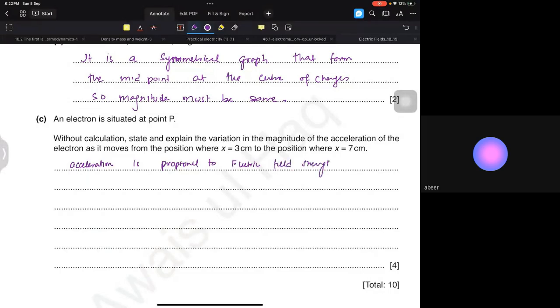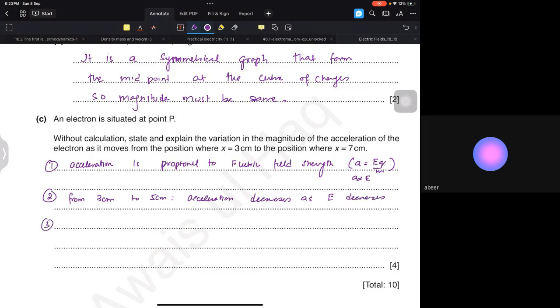If you don't want to write it, you can give the formula A equals EQ over M and say A is proportional to E. That might work as well. Then the next point you're going to write is that from 3 centimeter to 5 centimeter, acceleration decreases as E decreases.